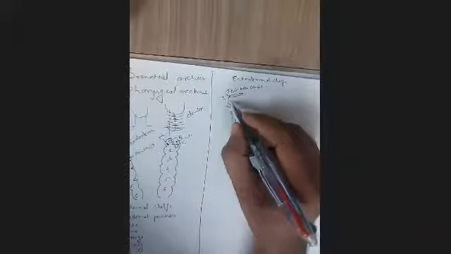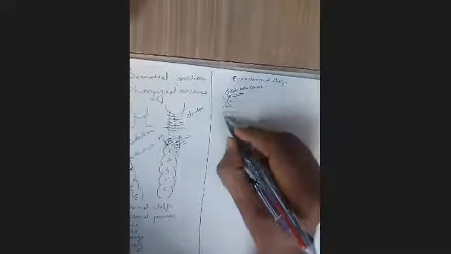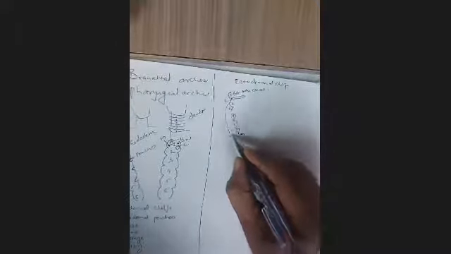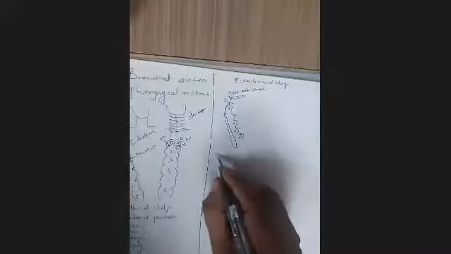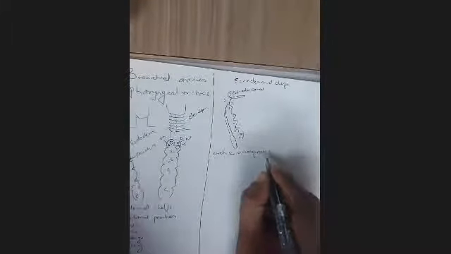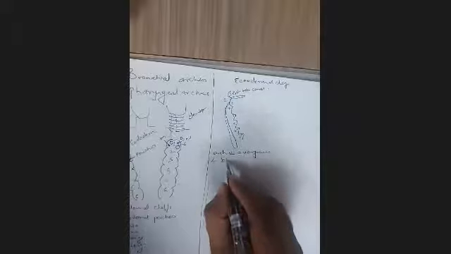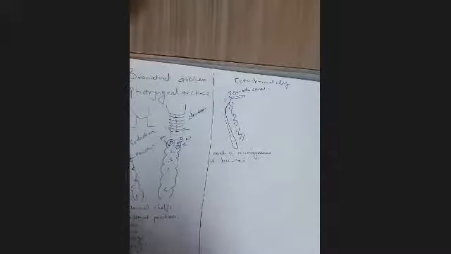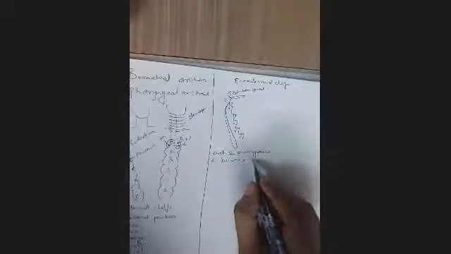This is arch 1, arch 2. Arch 2 overgrows and buries all the clefts.